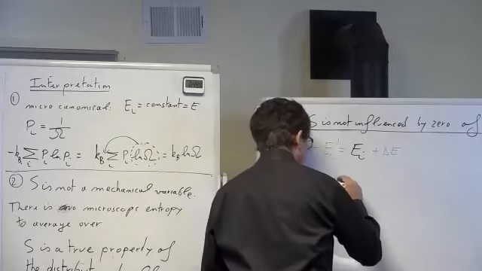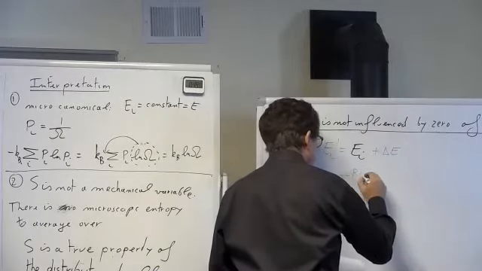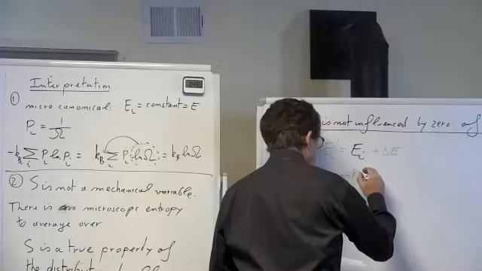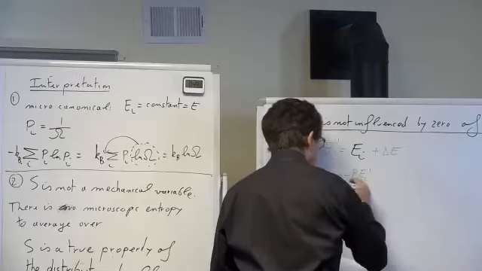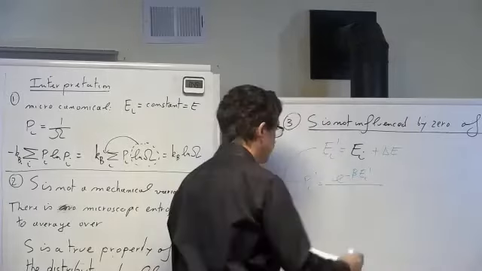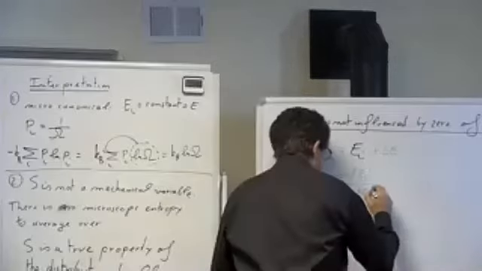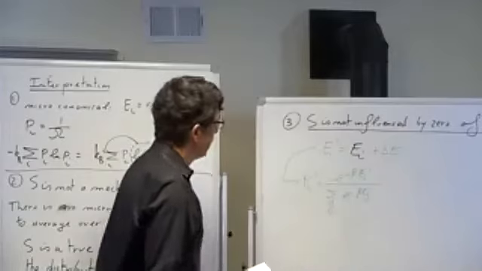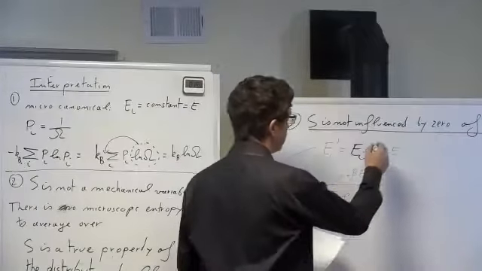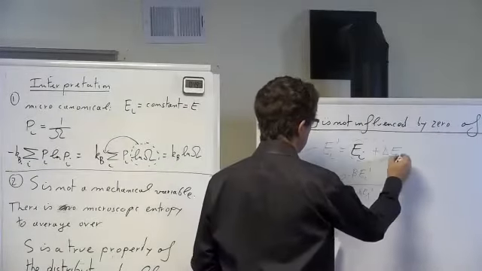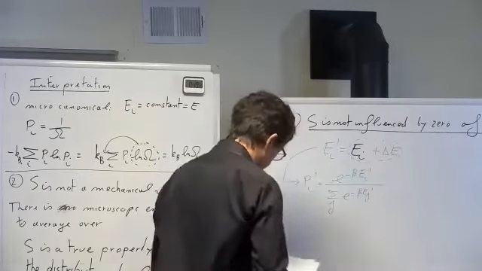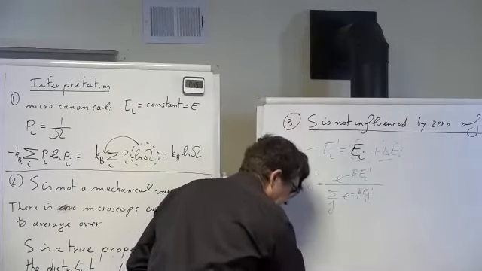Okay, that's of course e to the minus beta E_i prime over the sum over j of e to the minus beta E_j prime. Now I'm going to substitute in what actually this is.